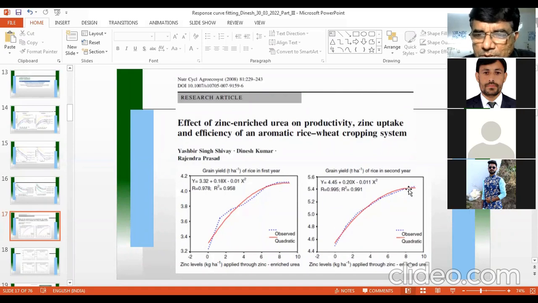However, in the other case the data are overlapping. So see R square. Here R square is 0.991, and in this case it is less. This is the reason that R square tells us the fitness of the equation, how successful we were in fitting the data.